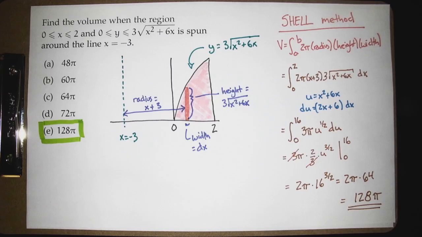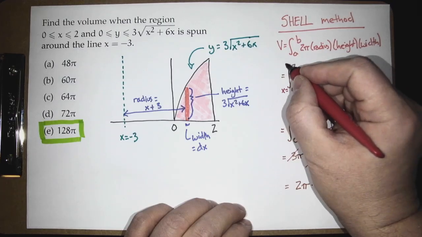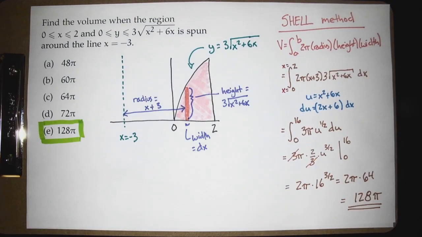Now don't forget, when you do u substitution, update your bounds. These bounds here, 0 to 2, these are x bounds. So it's x equals 0, x equals 2. They're not just some random numbers, they have significance. When you're switching to u, you need to go from x's to u's everywhere, and that includes your bounds.